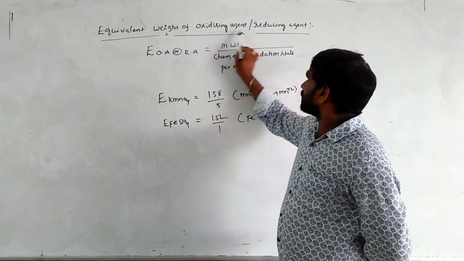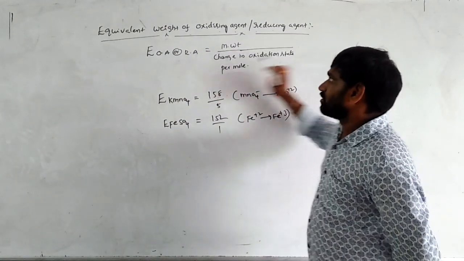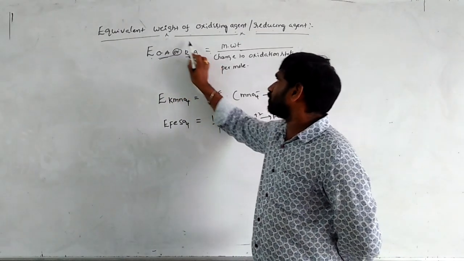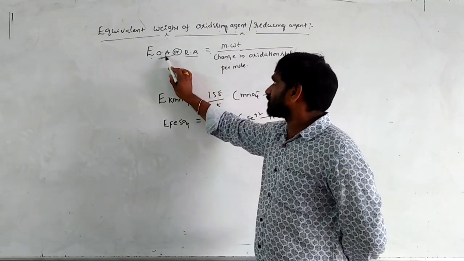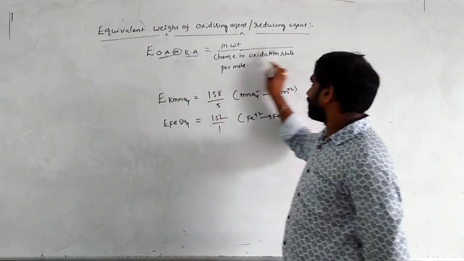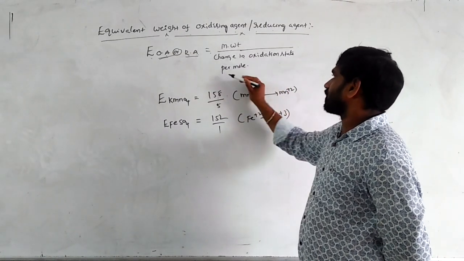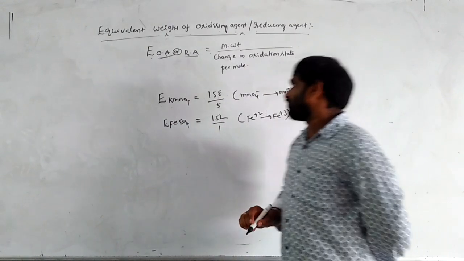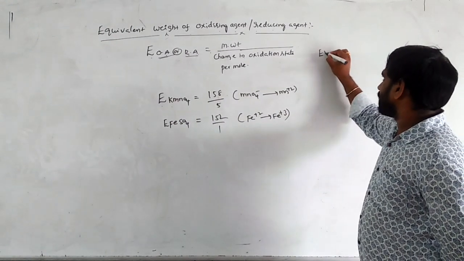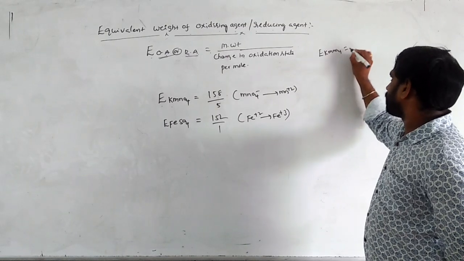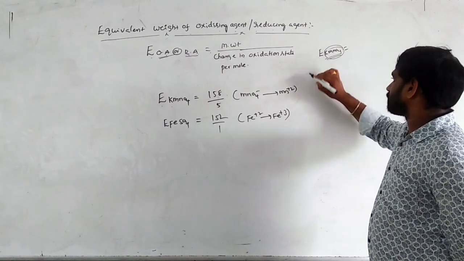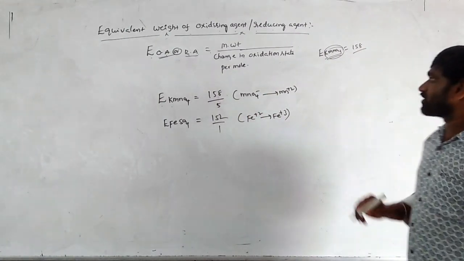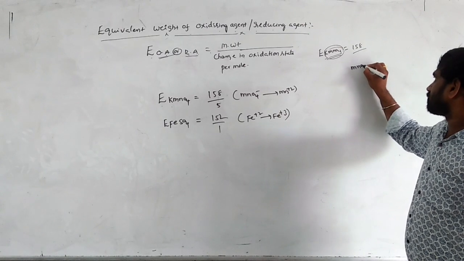Equivalent weight of oxidizing or reducing agent. Equivalent weight of oxidizing agent or reducing agent equals molecular weight of the agent by the change in oxidation state. For example, equivalent weight of KMnO4, potassium permanganate. So molecular weight of potassium permanganate 158 by number of oxidation state change.